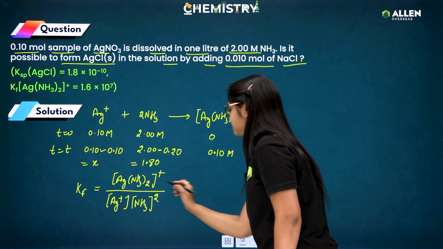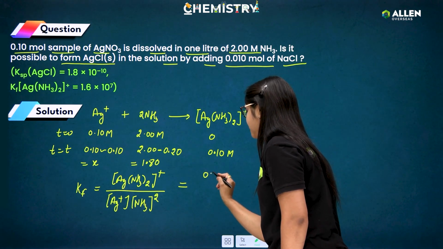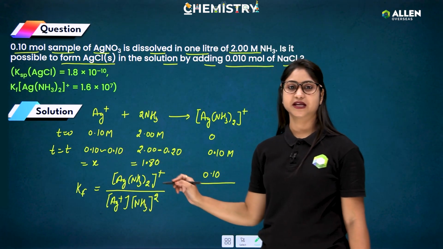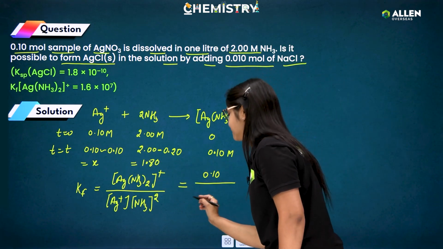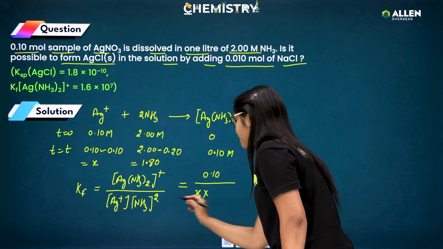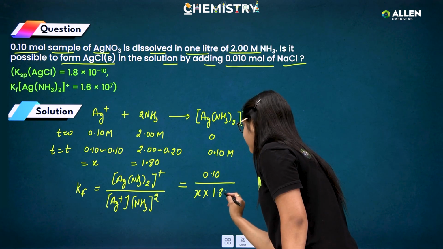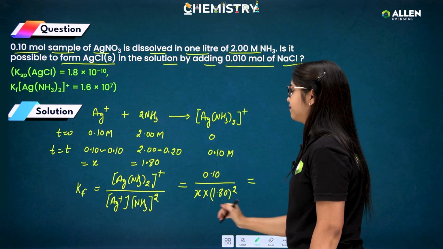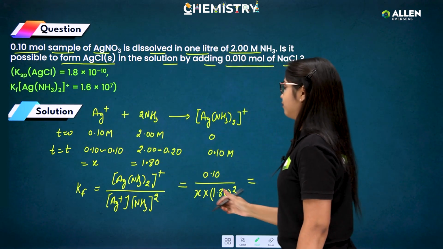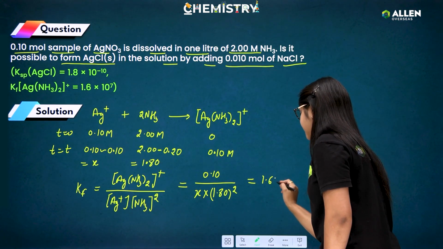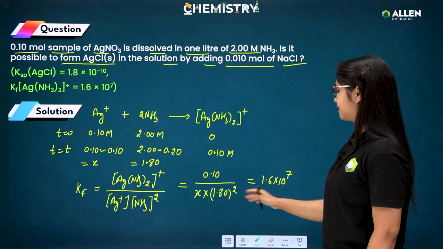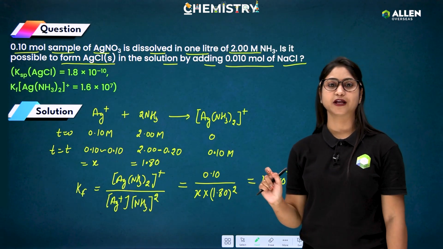Now this value is equal to 0.10 divided by the concentration of Ag plus which is left, which we have considered to be X, into the concentration of ammonia, 1.80 square. And the value of Kf is also given in the question, that is 1.6 into 10 raised to the power 7.